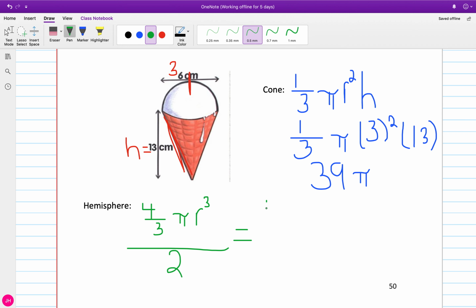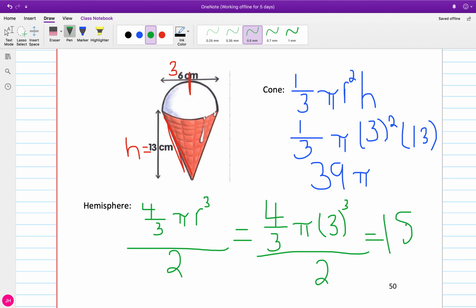The radius is 3 for this one, so I'm just going to plug it in. I'm just going to leave the formula like this, so I don't lose people with dealing with the fraction, but you do what is comfortable for you. So if I do 3 cubed, multiply that by 4/3, and then divide that by 2, that's going to give me 18 pi. So I'm going to take my 39 pi from my cone and my 18 pi from my hemisphere, and add those together to get my final answer.